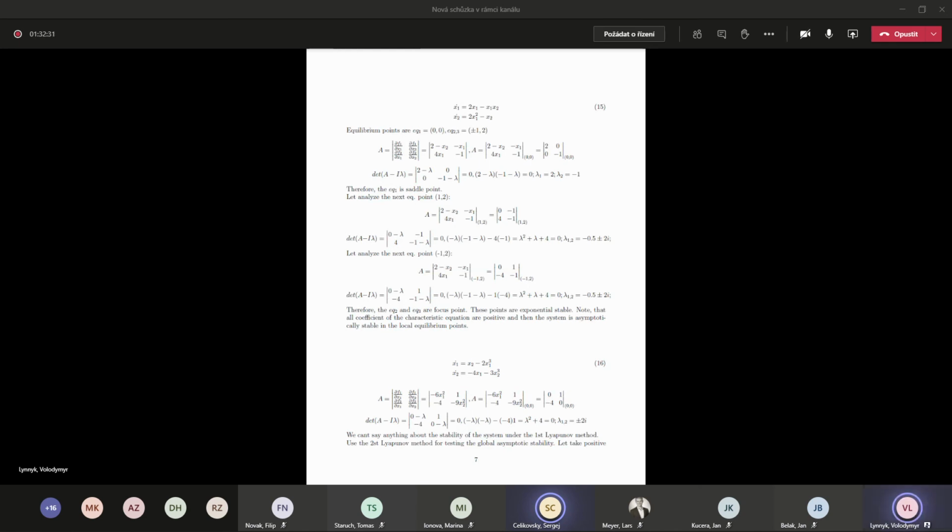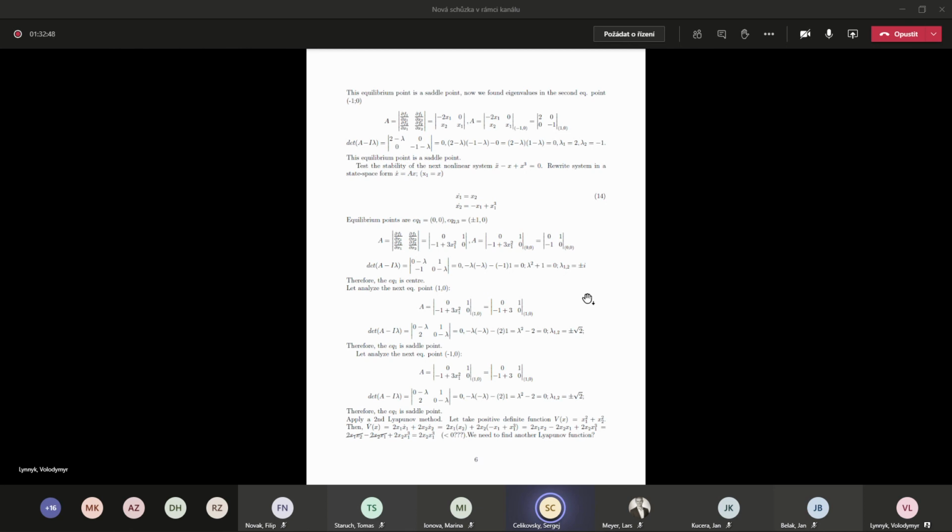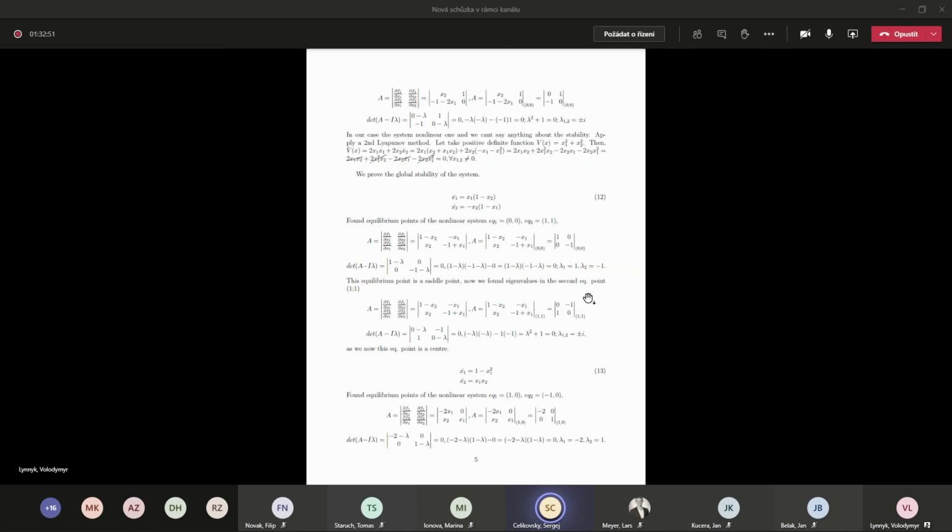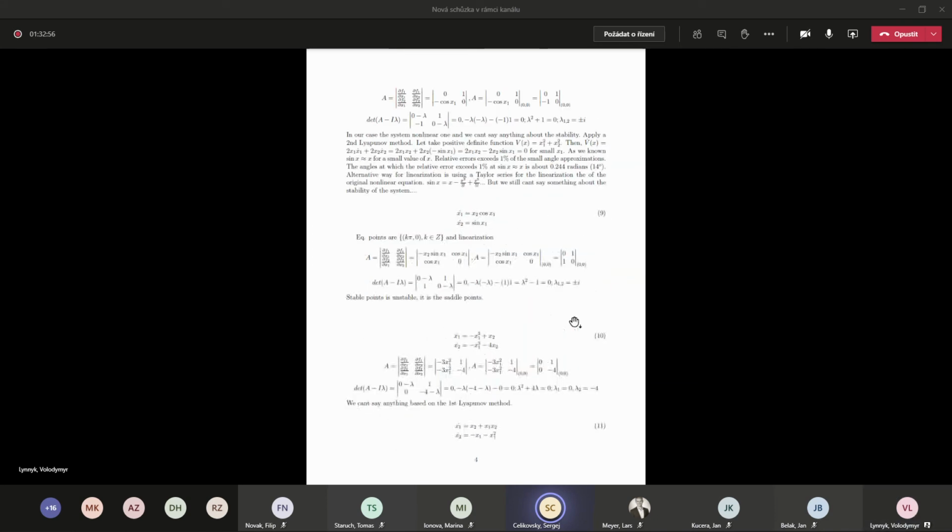Undecided cases are if there are zero real parts and some negative parts, so then you cannot say anything. It is not necessary that all of them are zero to have this undecided case. To have unstable, just one positive is enough. To have stability, all of them have to be negative, and the rest is undecided.